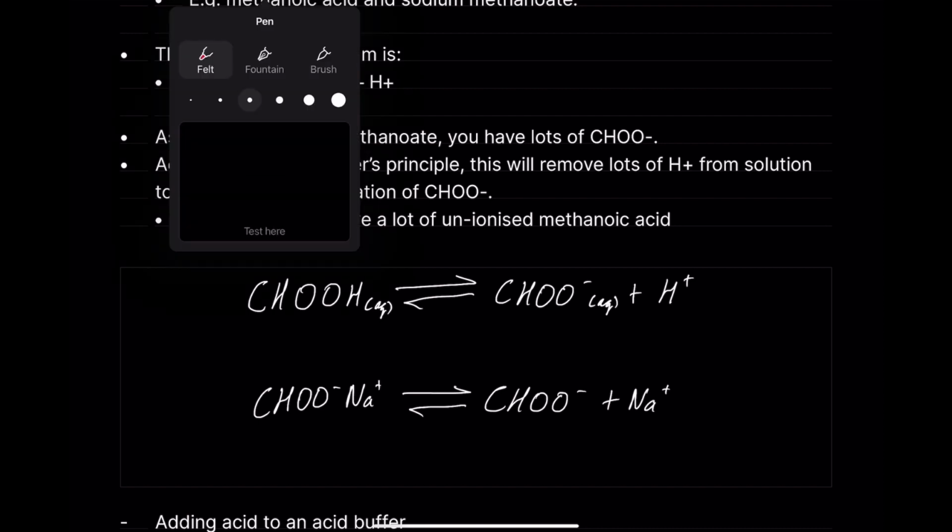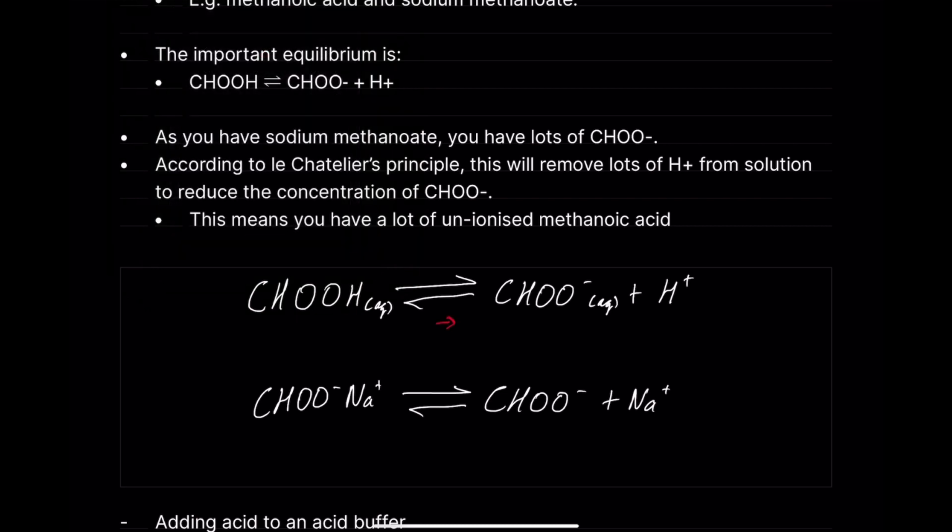Because of that, we have in solution a very high concentration of reactant, because very little of methanoic acid dissociates, and therefore a very low concentration of products. So we have a low concentration of methanoate ions and a low concentration of H plus ions from that equation.